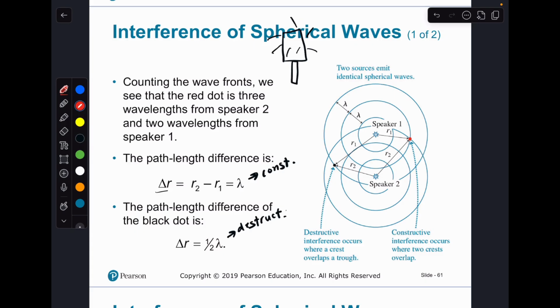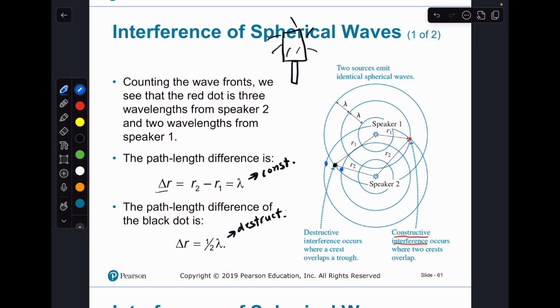And those two blue circles indicate the peak of the sine wave, right? And so we have two peaks adding up, and we know that two peaks adding up is constructive interference. Let's look at the black dot. The black dot is only on one circle, and it's resting in between two other circles, okay? What's in between two peaks of a sine wave?